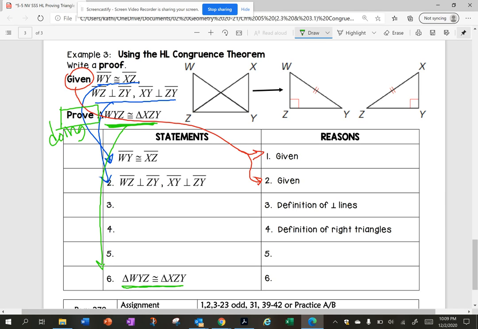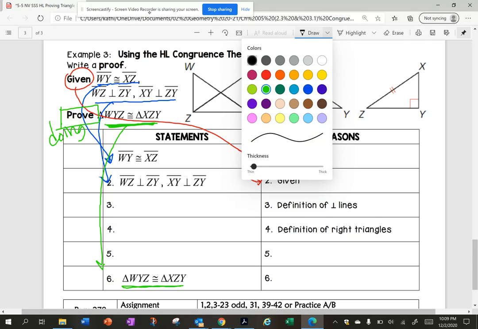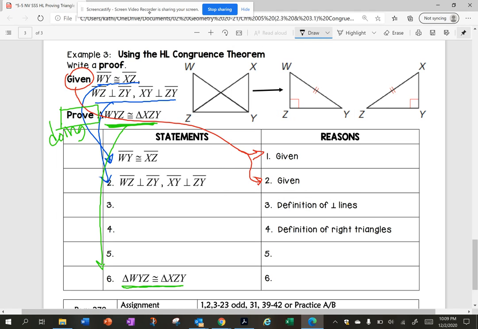All right, so let me go through how I'd do this. WZ is perpendicular to ZY, which tells me I have a right angle. Perpendicular tells me I have a right angle. And XY is perpendicular to ZY. So that's telling me I have a right angle.